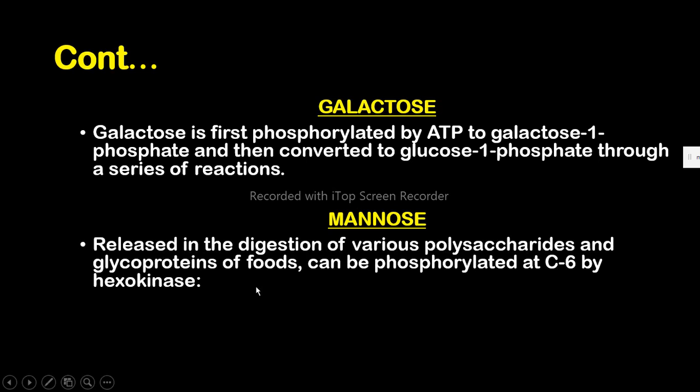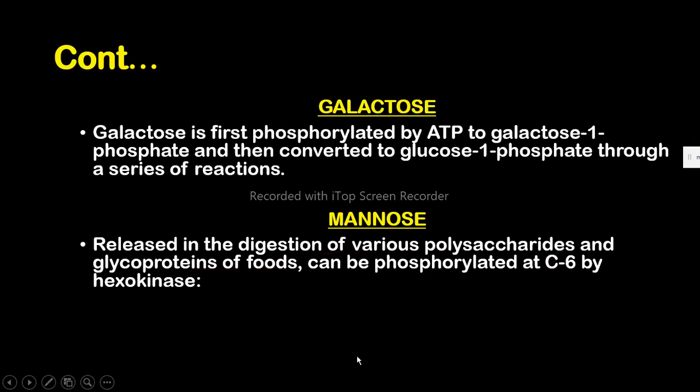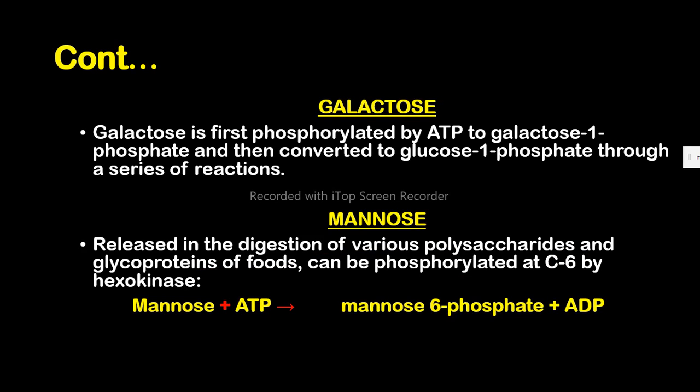Then for mannose, these are released in digestion of various polysaccharides and glycoproteins of food. And you can also phosphorylate them at carbon 6 using hexokinase. And when you phosphorylate, then it isomerizes to form glucose 6 phosphate, and then you phosphorylate it again to form the fructose 1,6 diphosphate.